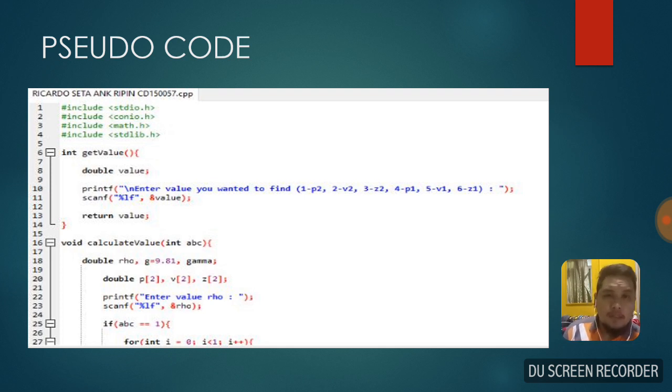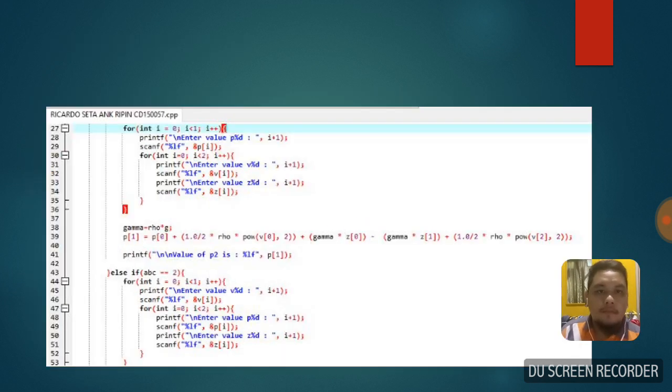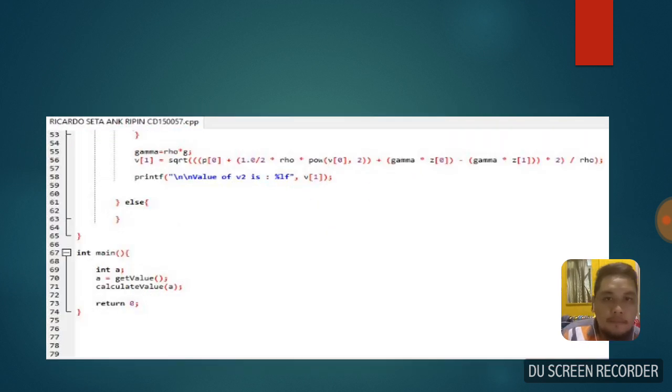This is the code that I generated, and you will find the values.